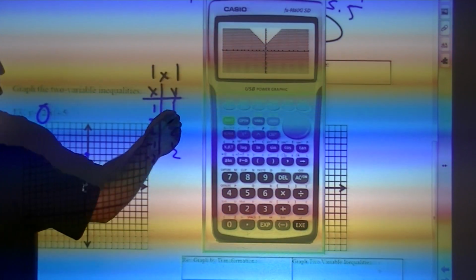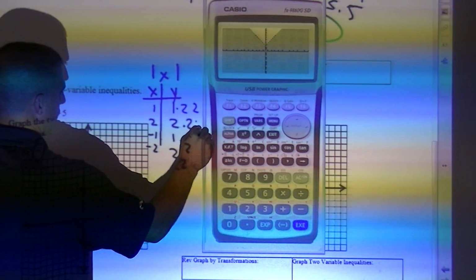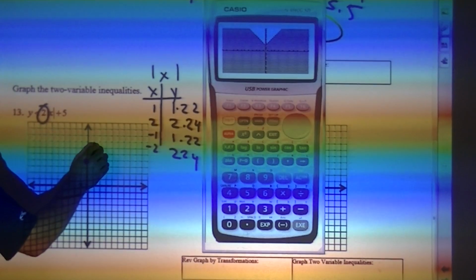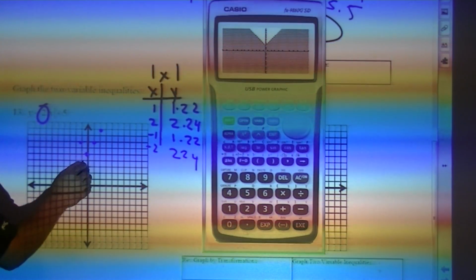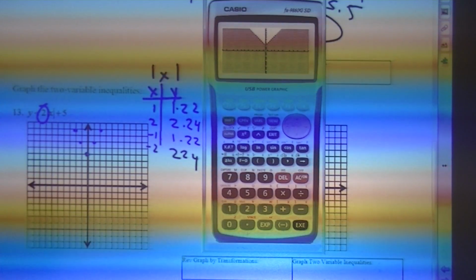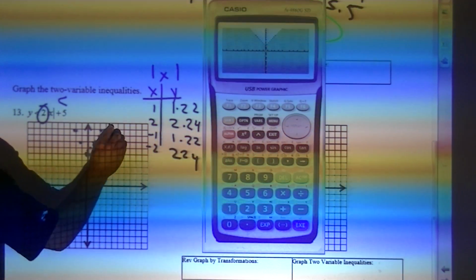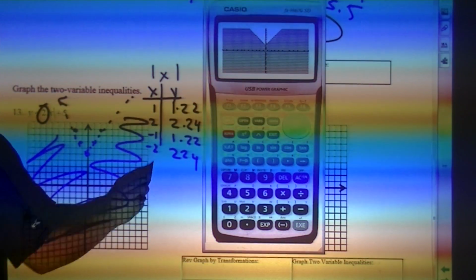Since I have that 2 out front, I multiply by 2. So that'd be 2, 4, 2, and 4. So 1 right, 2 up, 2 right, 4 up, 1 left. Now, since it's like this, I'm going to put a dash, and my shading here would be on this side.